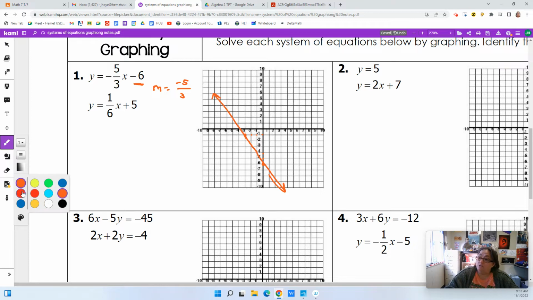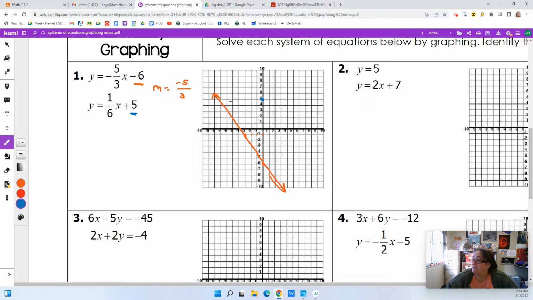When I go to graph the next line, I know I have a point at 5 on the y-axis, because that's my y-intercept, and I have a slope of 1/6. So I can go up 1, positive 6, or I can go down 1, -6.